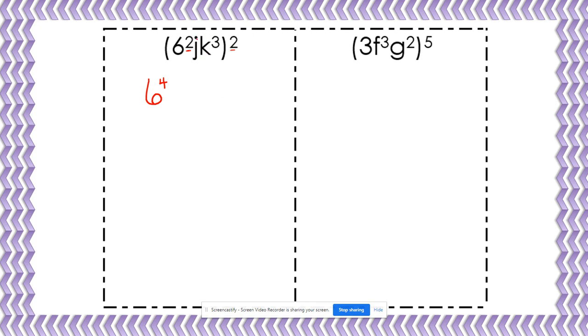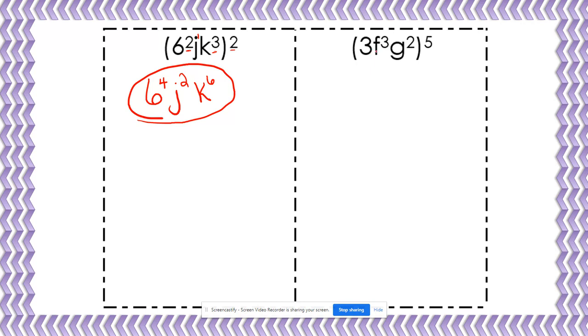It looks like j doesn't have an exponent, but I remember that always means there's an invisible 1 here. So I'm going to take 1 and multiply by 2, which gives me 2. So now j is going to have an exponent of 2. And then k has my exponent of 3 being raised to the 2nd power. So I'm going to do 3 times 2 to get 6. So I keep k, and now it's raised to the 6th power. And this is my simplified answer.